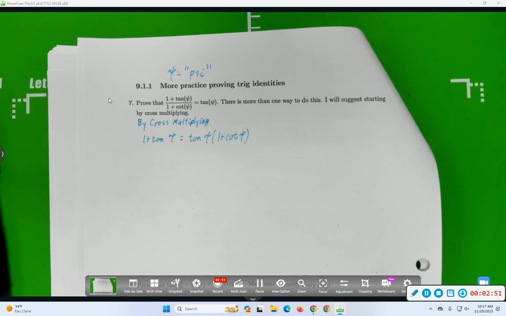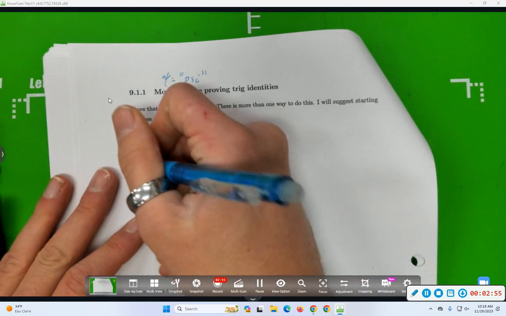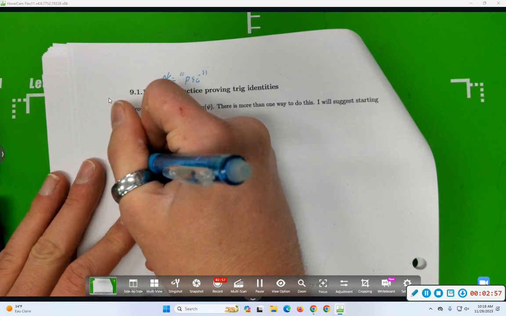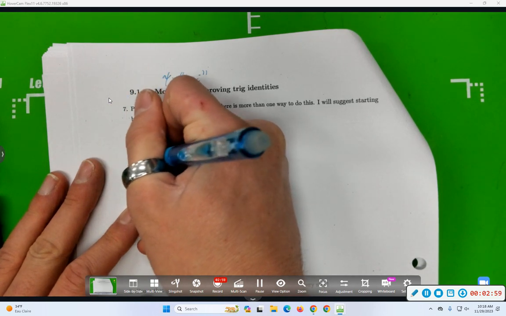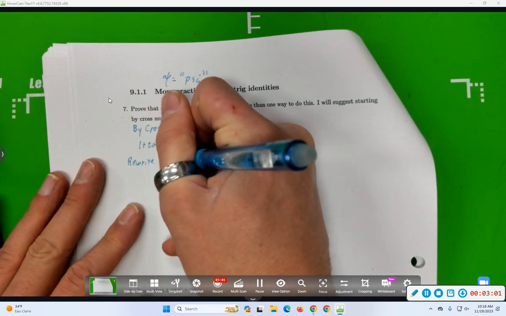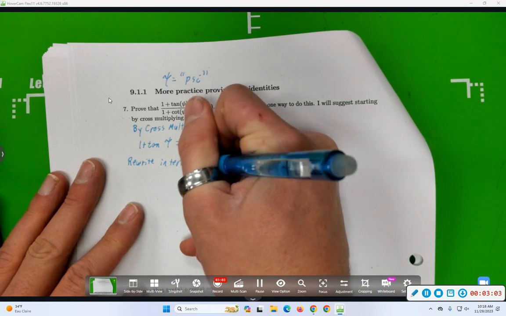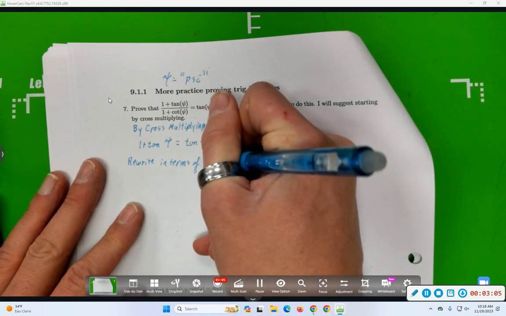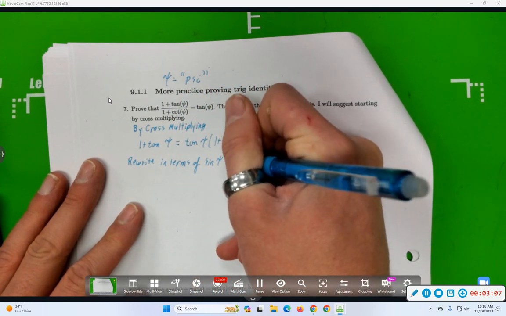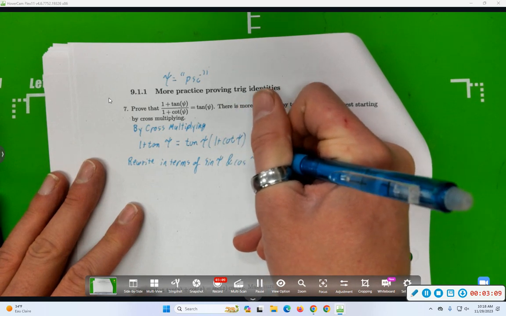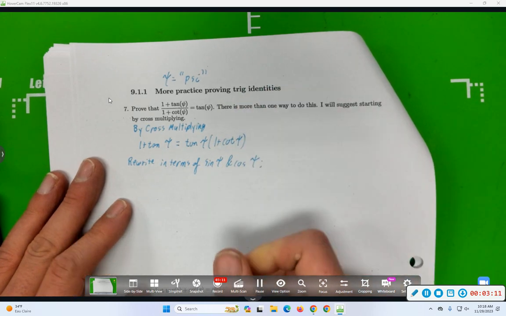Great. Let's rewrite it as sine and cosine. So let's rewrite in terms of sine and cosine. So let's see.